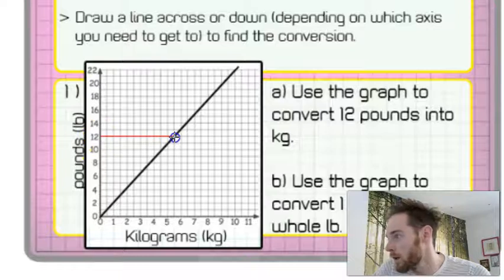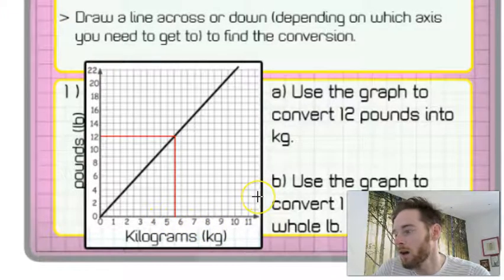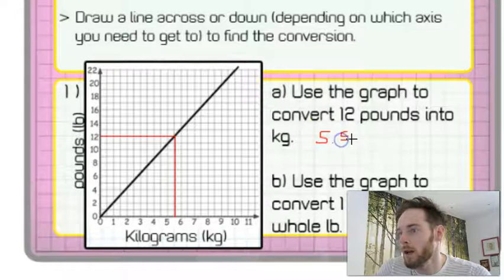There we go. There's my line, drawn from 12, and then I'm going to go down to kilograms. I think that's in between 5 and 6, so I think it's 5.5 kilograms. I would put my answer there as 5.5 kg.